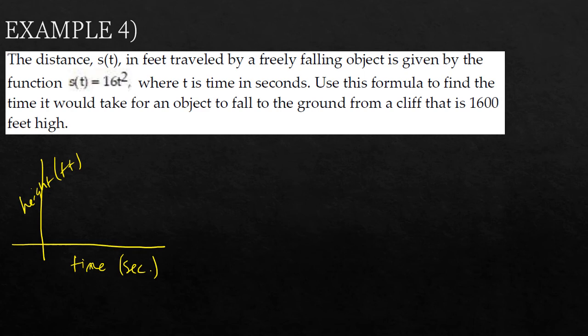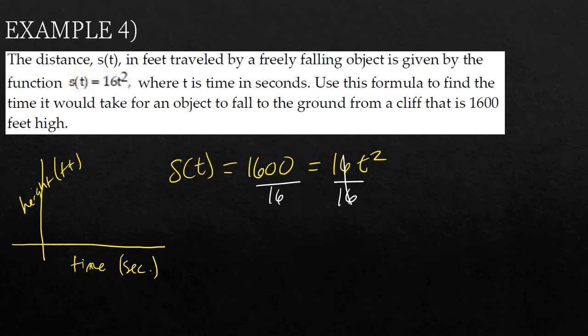Okay, so we're going to plug in. We have s of t equals 1,600, and we want to know it equals 16t squared. So again, we're practicing inverse operations. I'm going to divide by 16, and we get 100 equals t squared.